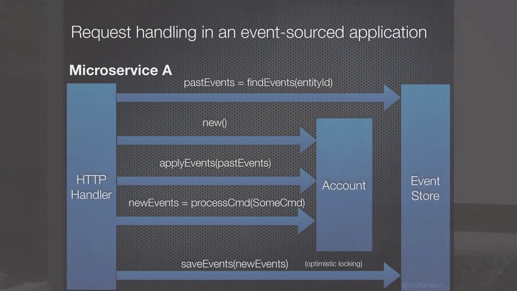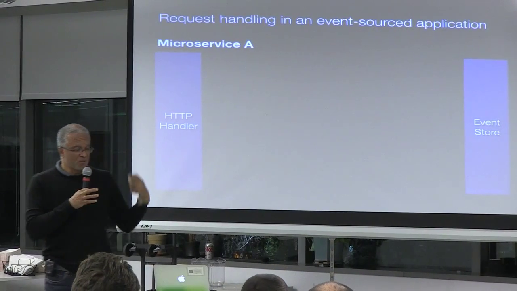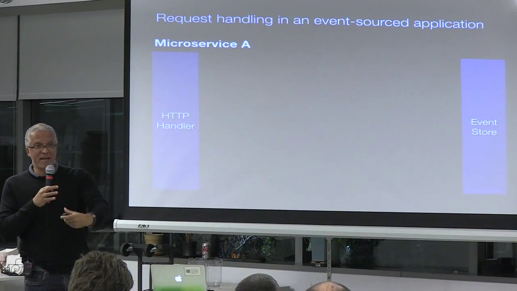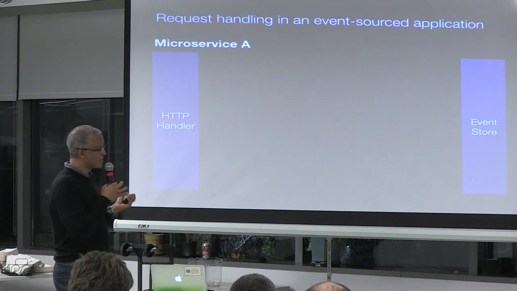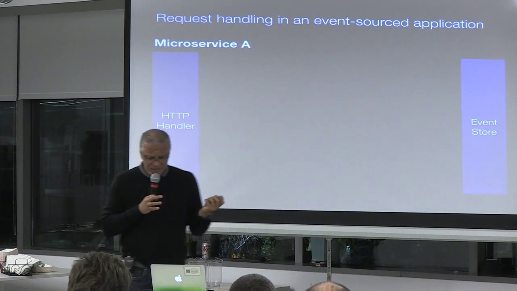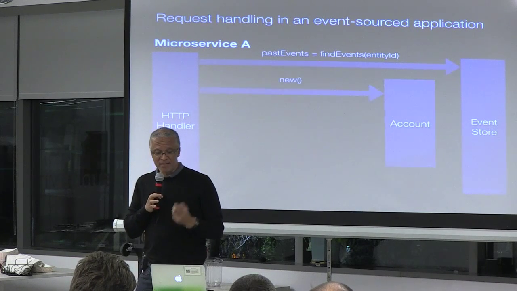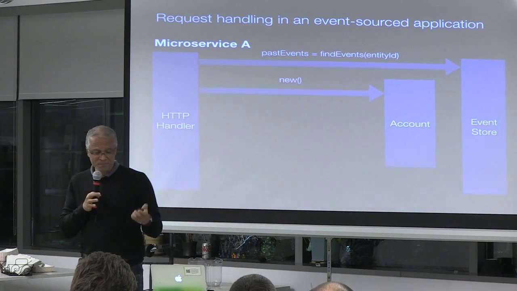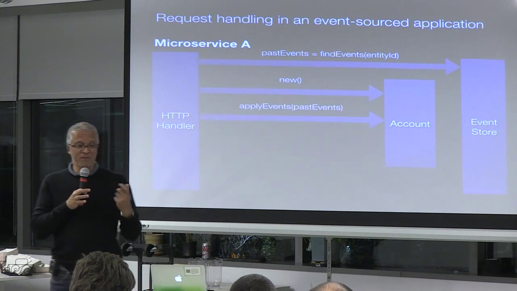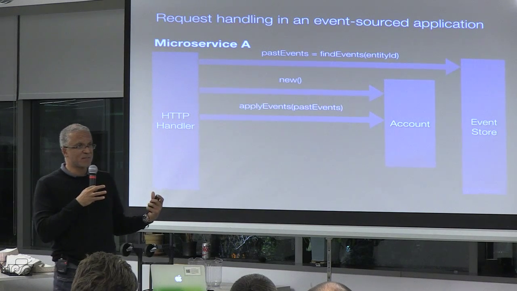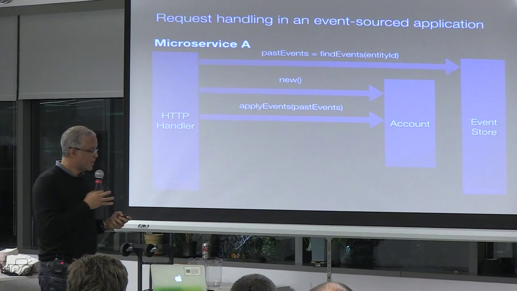So the way requests get handled: before, a request comes in, we load an entity, you modify it, and then you save back the updated state. In an event sourced system, it's a little different. You first load the events, and then you create, in this case, an account. And then you replay all of those events to reconstitute the current state of the account.